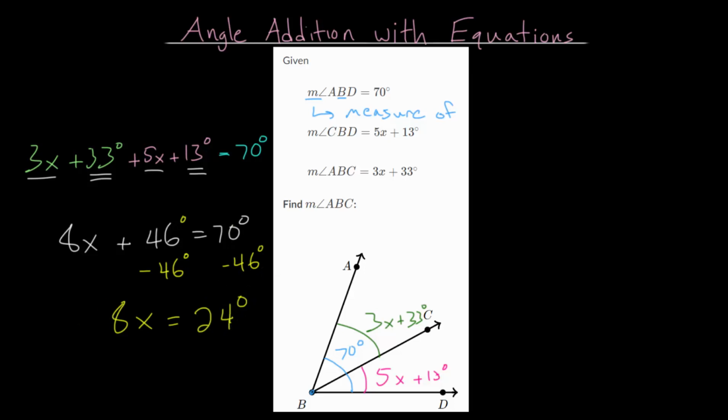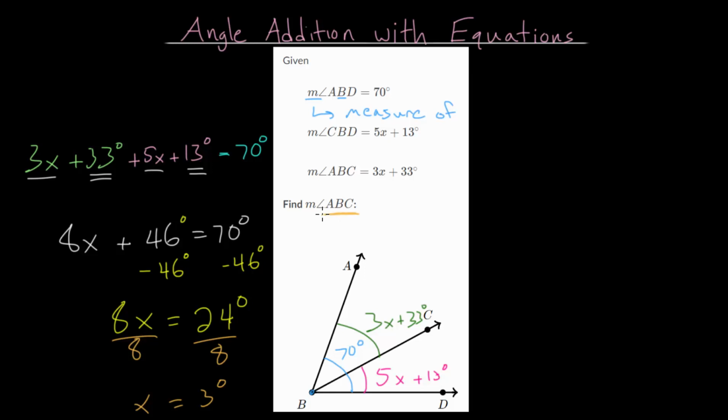And lastly, we will divide everything by 8 to cancel out this multiplication. So 8 divided by 8, that's just 1. And 24 divided by 8, that is just 3, or 3 degrees.